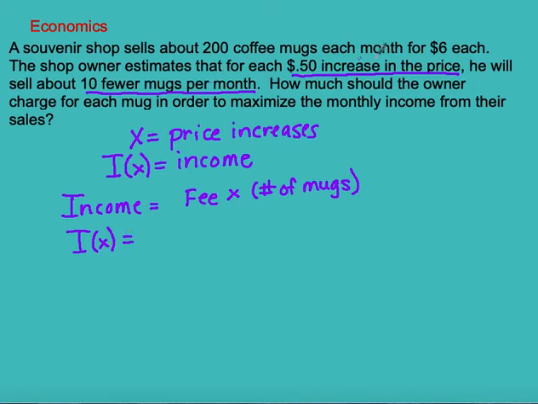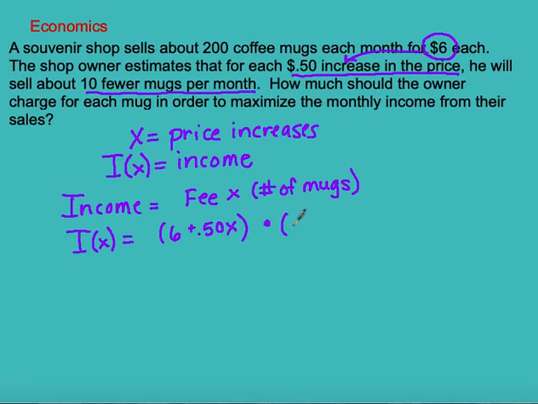So what I want to do is I'm going to start with $6, but I want to add 50 cents, but I'm not sure how many of those I'm going to have to add. So I'm going to make the fee be $6 plus 50 cents for every increase. I'm going to put my X in there, times the number of mugs.